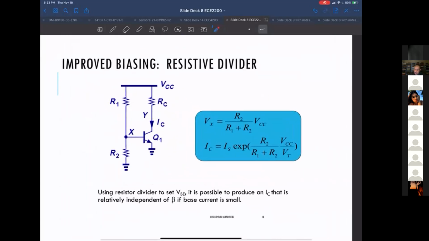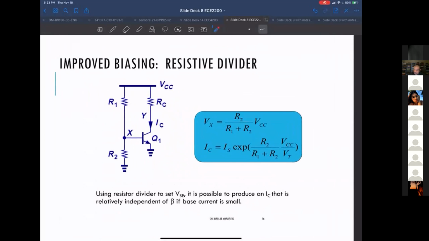Okay, so basically you end up with this circuit. As you know, with a voltage divider here, you end up with R2 over R1 plus R2 times VCC.